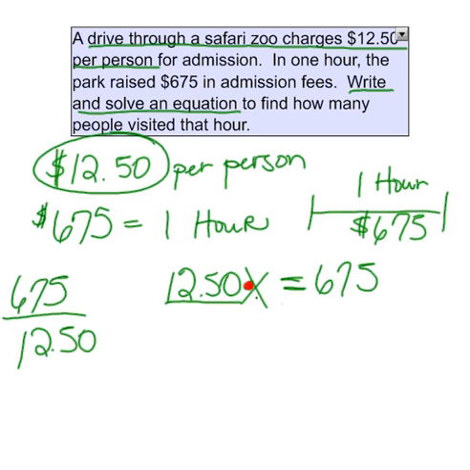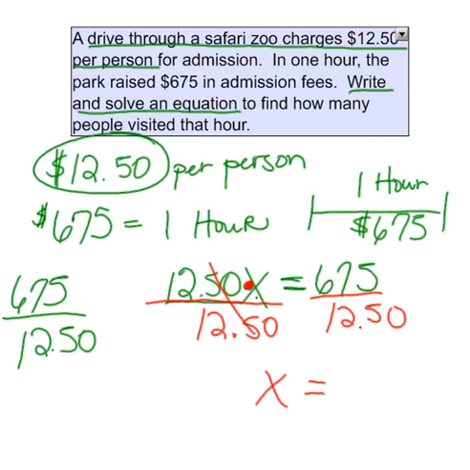So remember, that's multiplied, so you have to do the inverse operation on both sides. So x is equal to 675 divided by 12.50. All right, so your calculator will come in real handy right here because it's not important that you know how to divide for this type of problem. It's important that you know what to do.